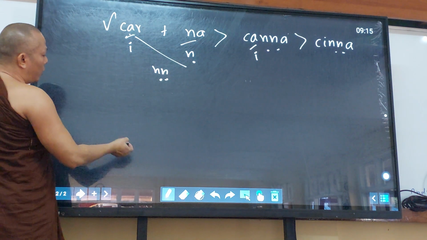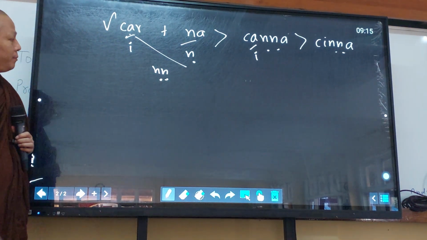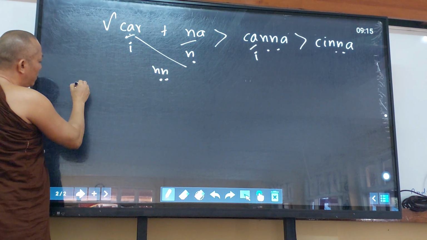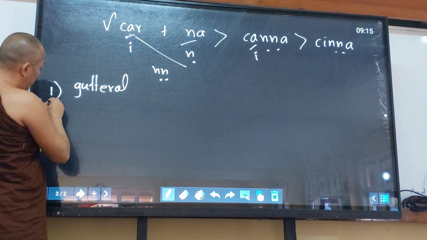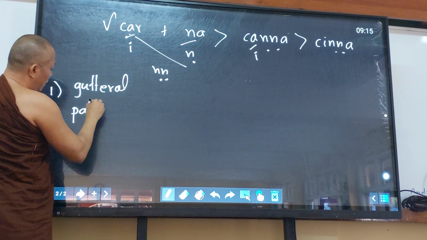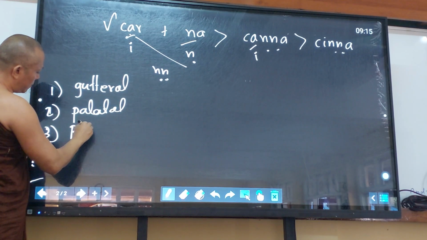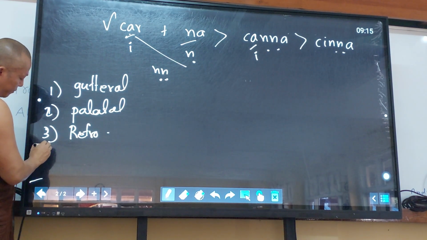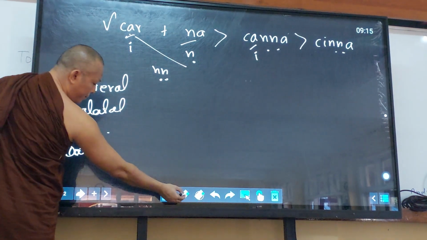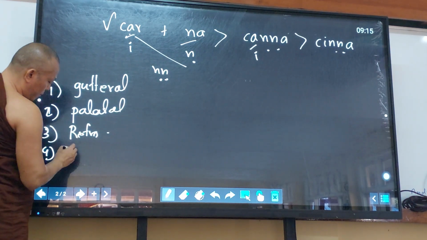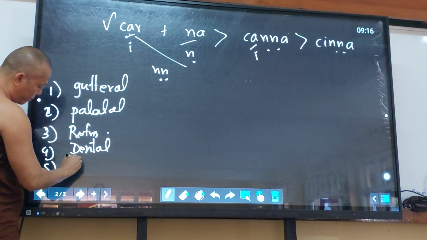Maybe that is because in the vowel system we have the gutteral, palatal, retroflex, and dental, and the first one is labial.